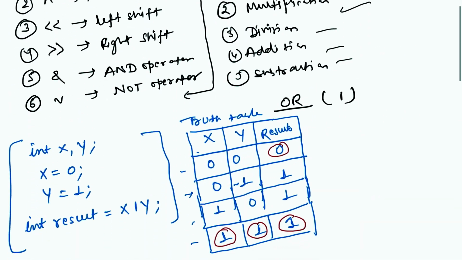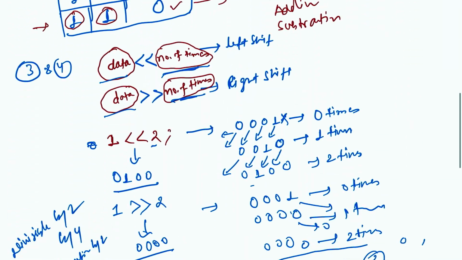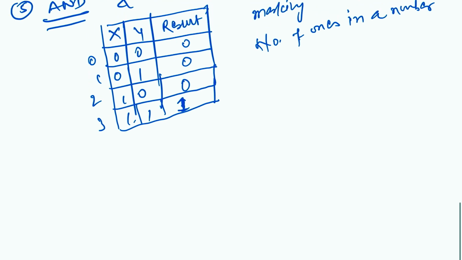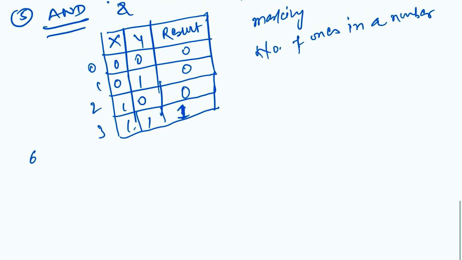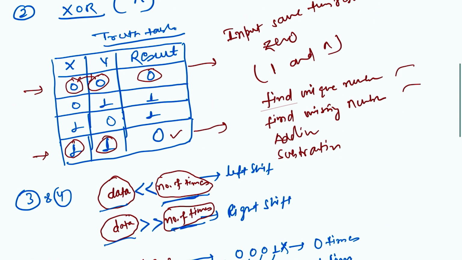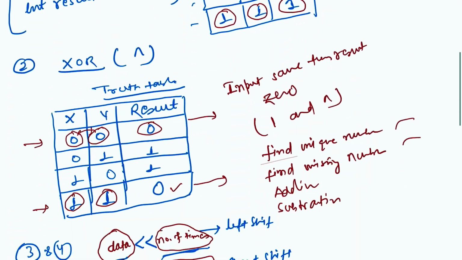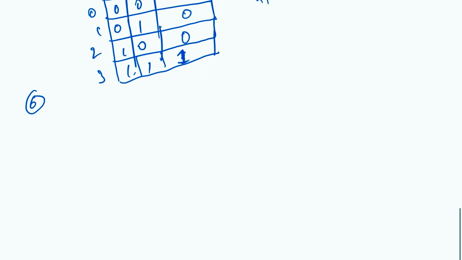In the same way, the sixth is the NOT operator. Basically, suppose you have the number 1.